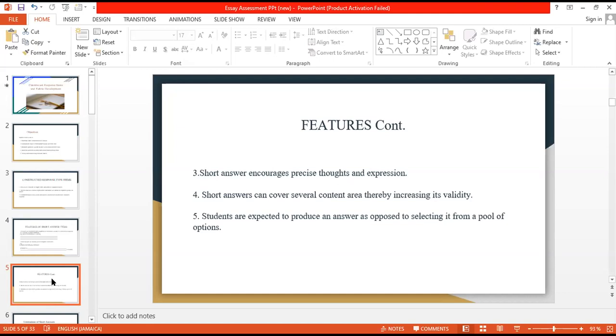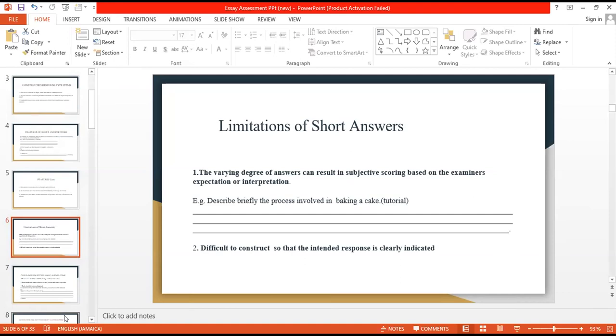So last week, for example, when the presentation was being done on selected response, as opposed to choosing an option from a pool of answers, a fill in the blank or a true or false, with a short answer, students are asked to come up with their own answer. So there's nothing for them to choose from.